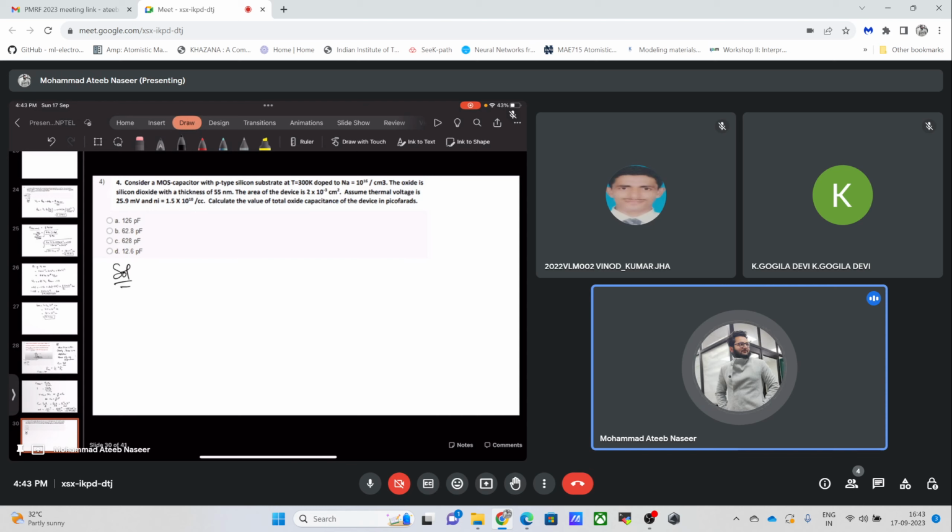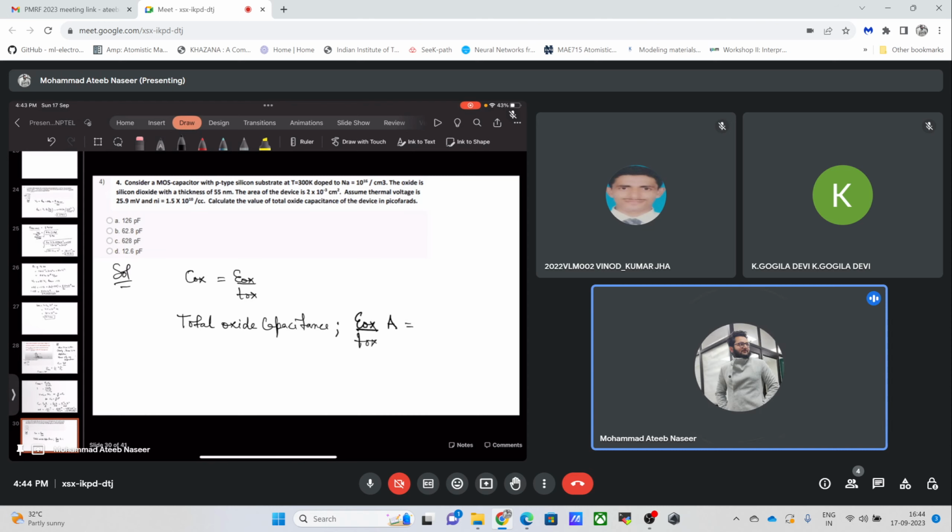So it is simple. The oxide capacitance per unit area is simply epsilon ox by T ox, and the total oxide capacitance is simply epsilon ox by T ox into area.